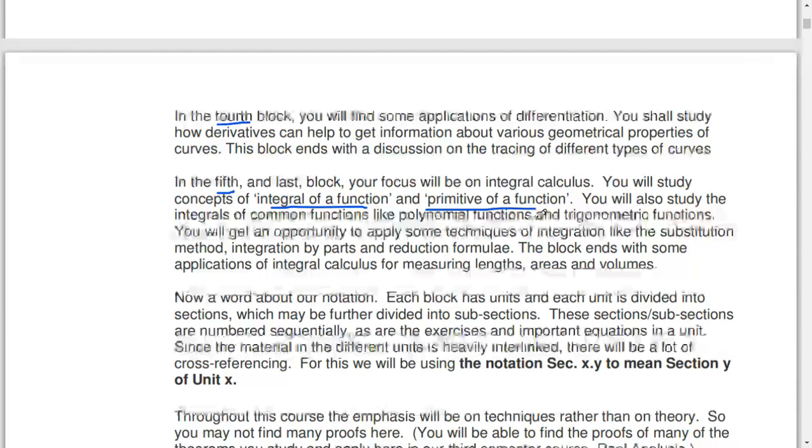You will also study the integrals of common functions like polynomial functions and trigonometric functions. You will get an opportunity to apply some techniques of integration like the substitution method, integration by parts, and reduction formula. The block ends with some applications of integral calculus for measuring lengths, areas and volumes.